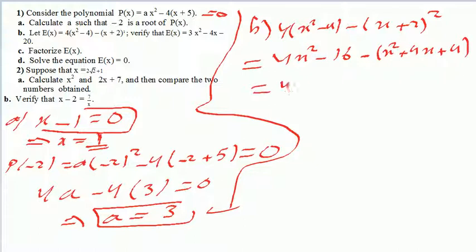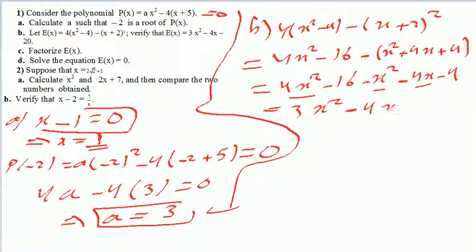It's equal to 4x squared minus 16 minus x squared minus 4x minus 4. 4x squared minus x squared is 3x squared, minus 4x, minus 16 minus 4, it's minus 20. Done. I got it. It's very easy.